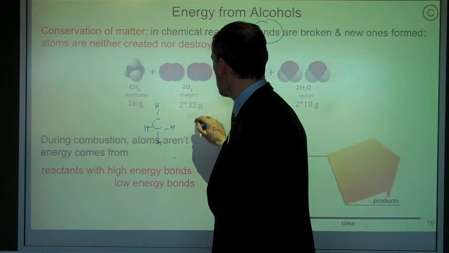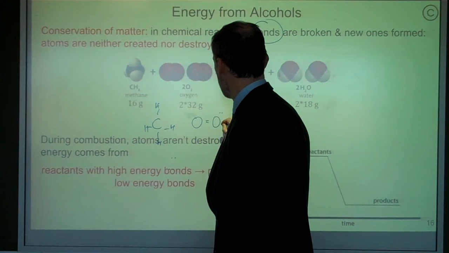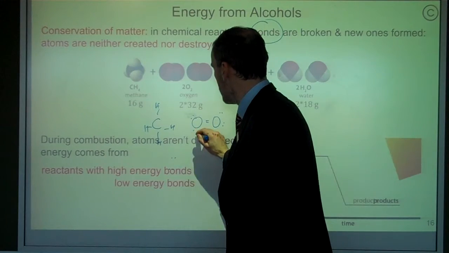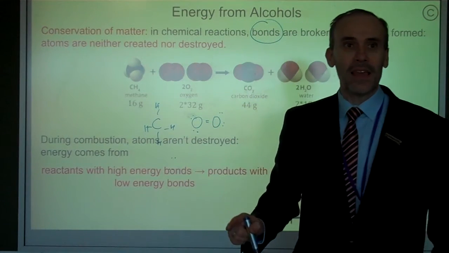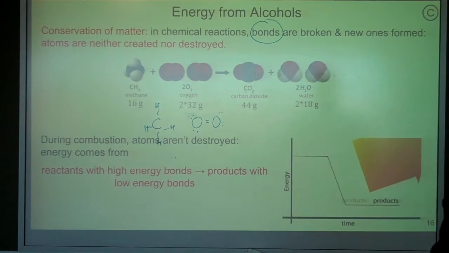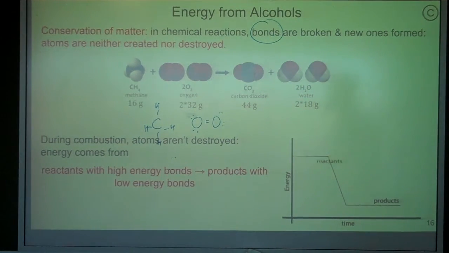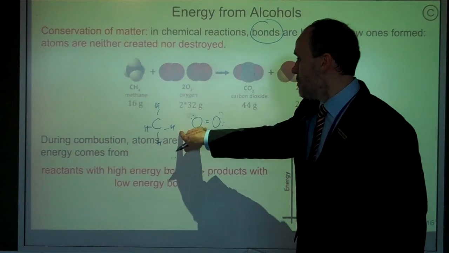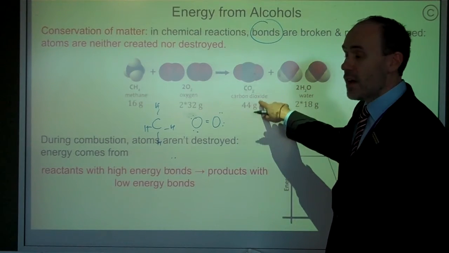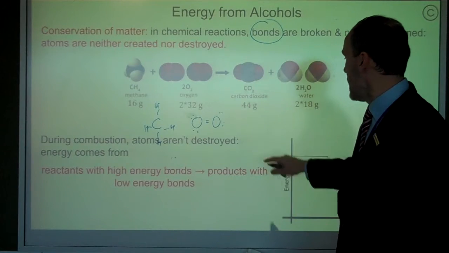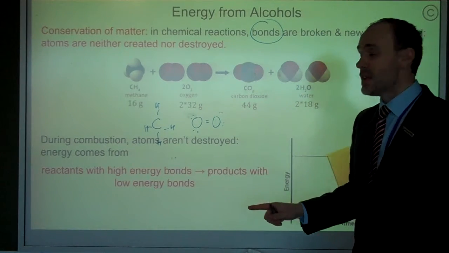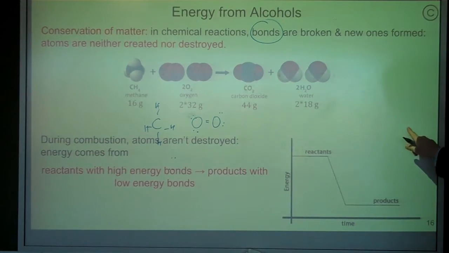And this is oxygen. Those bonds here and those bonds there have a lot of energy in them. And these are low energy bonds in the products, and the difference is what you feel as heat coming out.